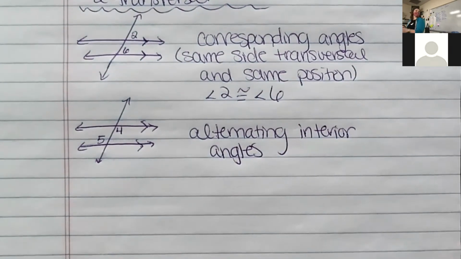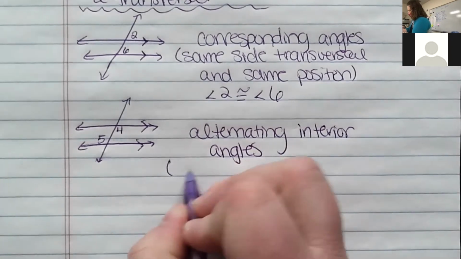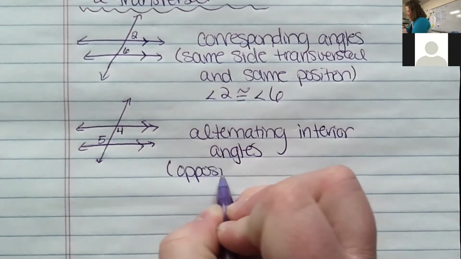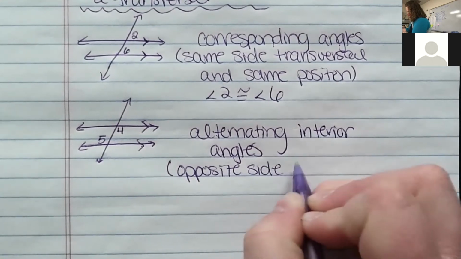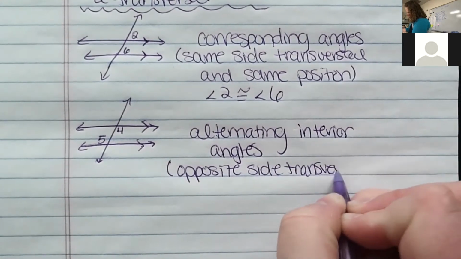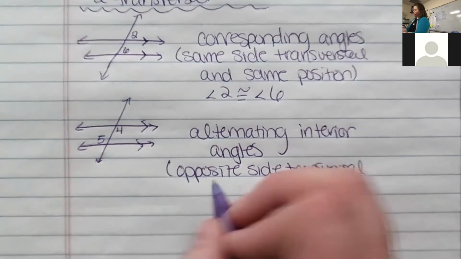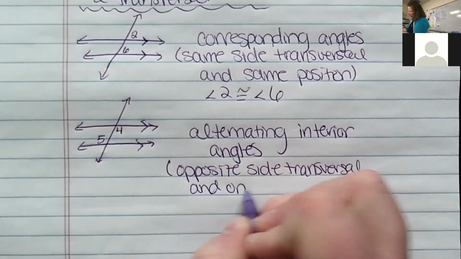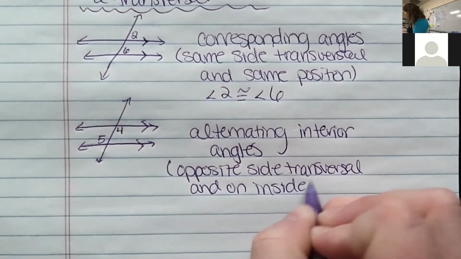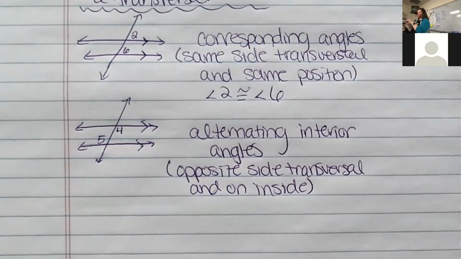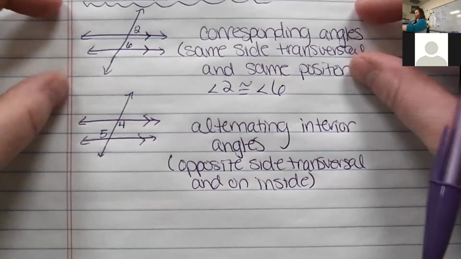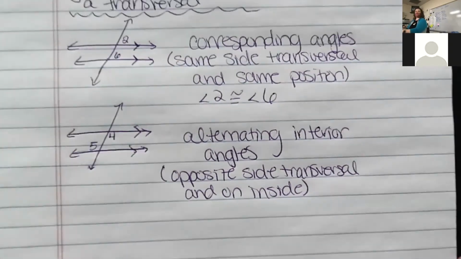Literally what it says: they're alternating, so they're on opposite sides of the transversal and on the inside. So that's another type. We have corresponding, and we have alternating interior.